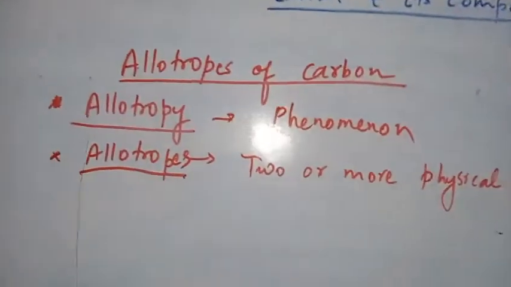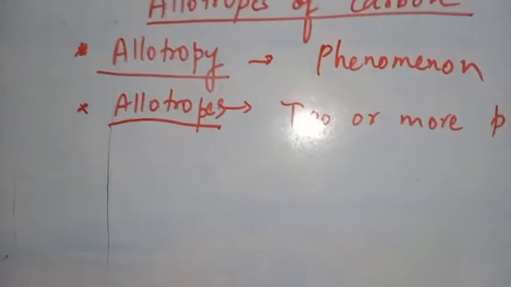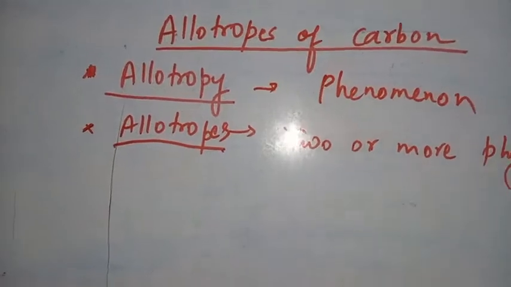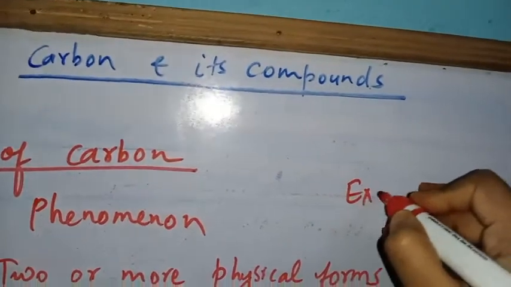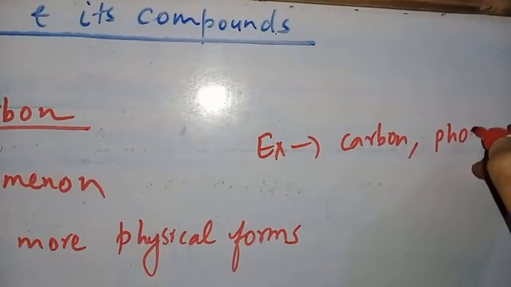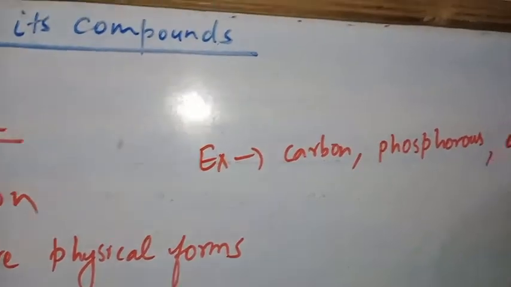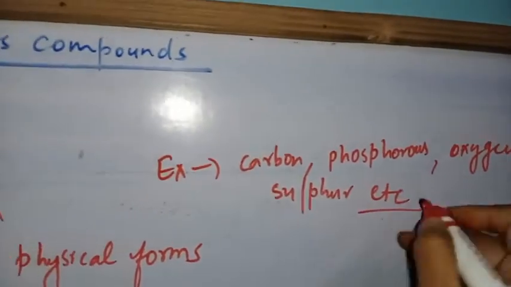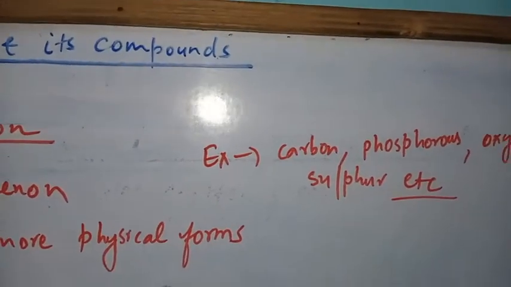Okay, so you could see there are various elements in our surroundings which show allotropy, which have two or more physical forms, and the examples of those elements are carbon, then phosphorus, oxygen, sulfur, etc. So these are the elements which have the tendency to exist in two or more different forms.